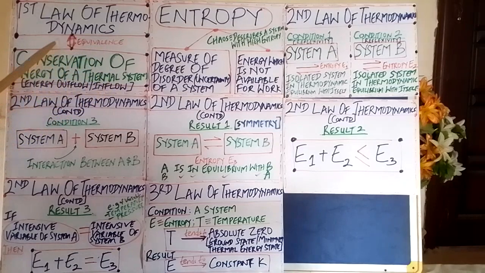If there is no energy that flows outside, then the total energy will be the sum of the energy inside. If energy flows both inside and outside, then the total amount of energy will be the sum of the energy that flows outside and the energy that flows inside.